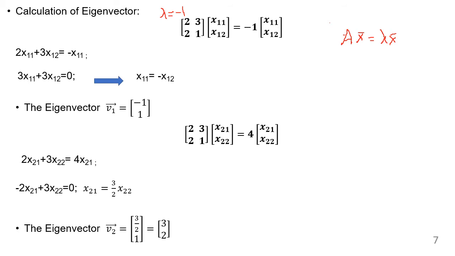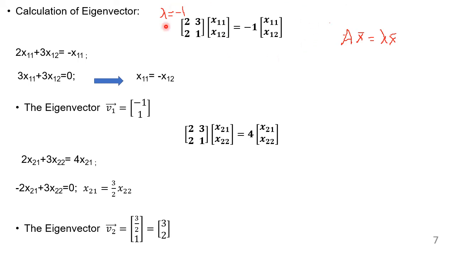What we have seen earlier, AV equals lambda V. Now this x vector is defined as [x11, x12].